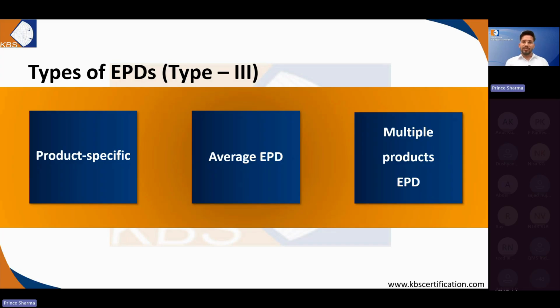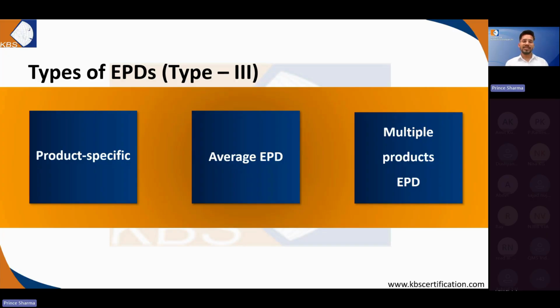EPDs are generally product specific and average EPDs that we have in the market, and then multiple product EPD. And apart from these three, there is another EPD category for products which are in the design phase. So that is also a category that we can cover in the type 3 EPD.